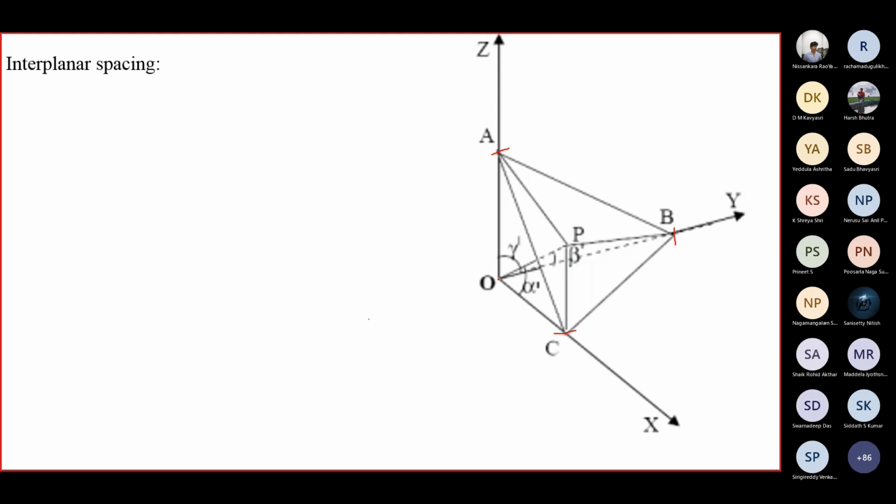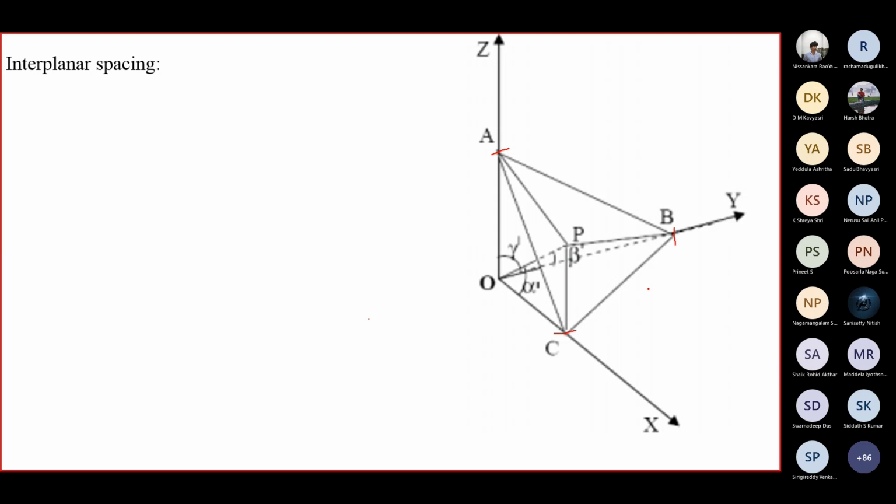From O, the origin, drop a perpendicular to this plane. Drop a line perpendicular to this plane. So now this OP is perpendicular to this particular plane. Clear?